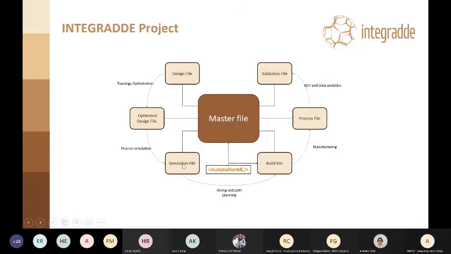Through process simulation, we get the simulation file, and by slicing and path planning, we produce the build file, and during manufacturing, we get the information from different sensors to get the process file, and afterwards, after the NDT and data analytics, we get the final variation file, and all these files are part of the AutomationML master file.